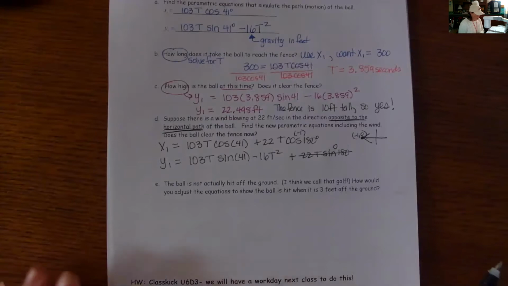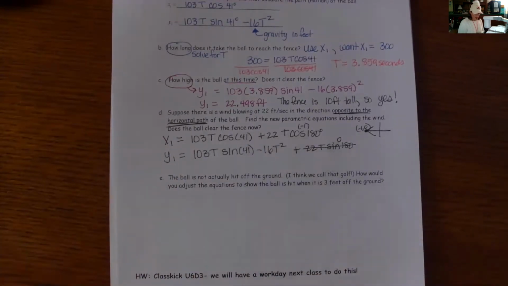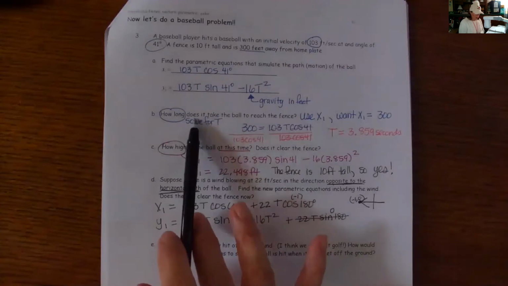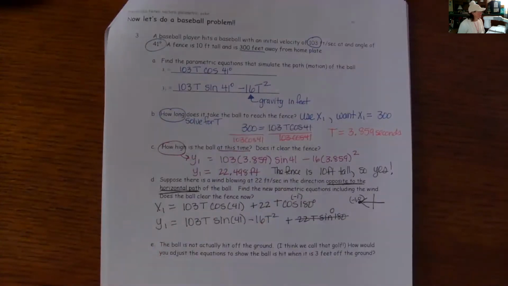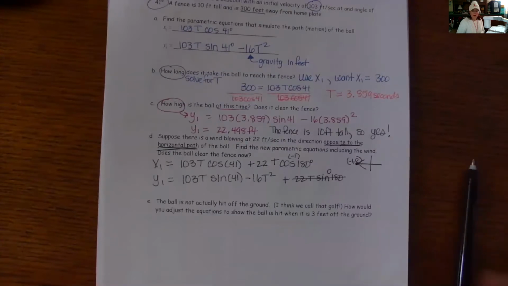Does the ball clear the fence now? What am I going to do? I'm going to repeat what we did here to see how far the ball went. So I'm going to pause this for a second and give you time to try that problem, and then we're going to talk about it.